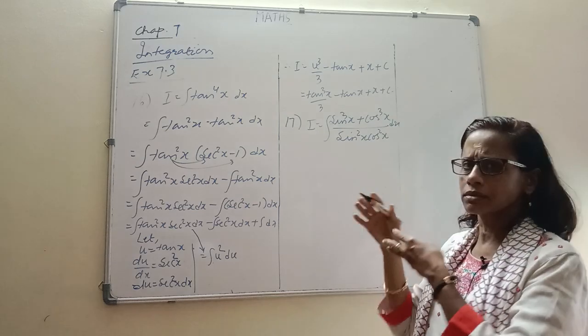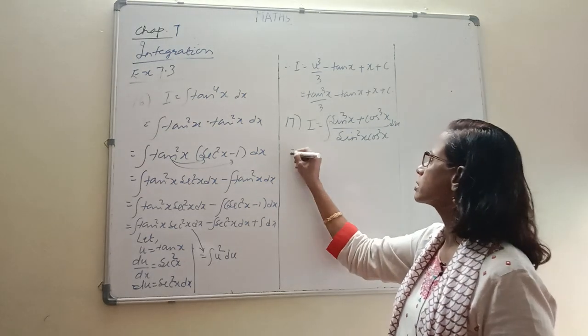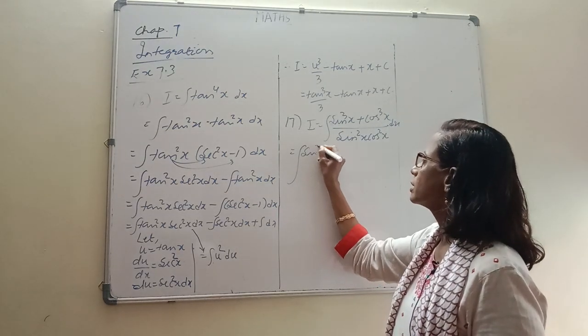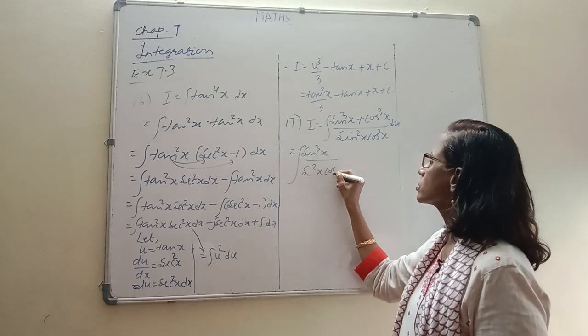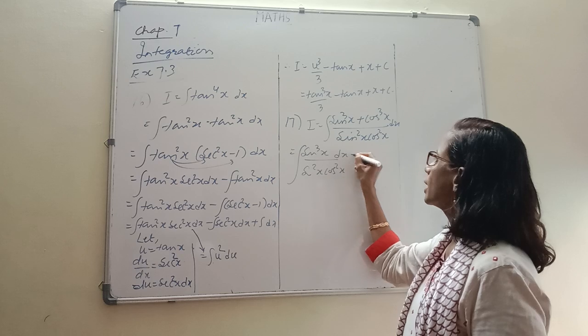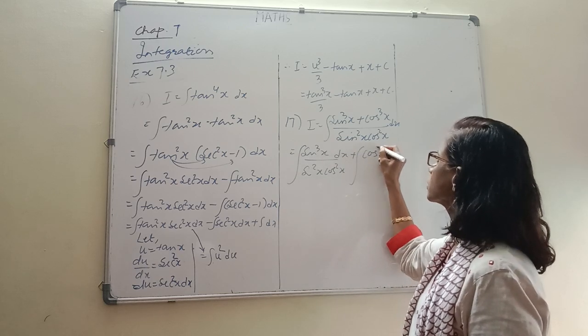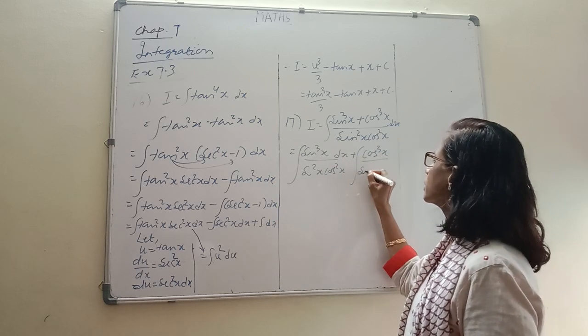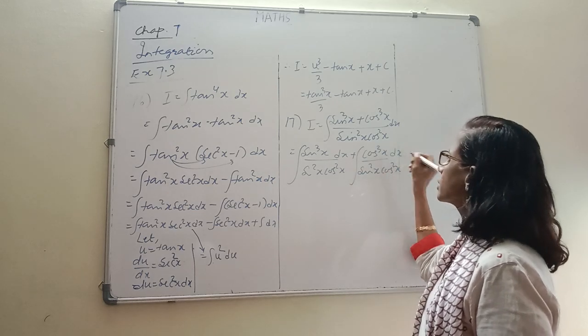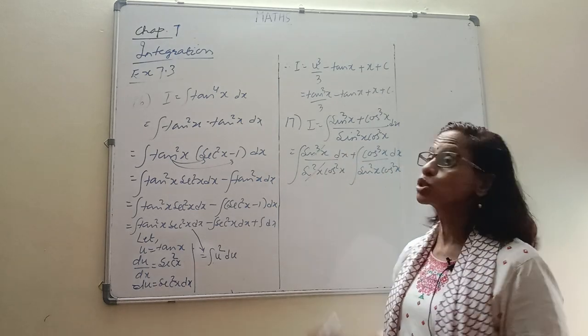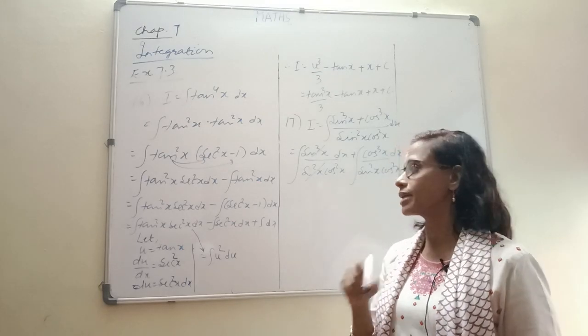To begin with, let's separate and see what happens. So it is sine cube over sine squared cos squared dx, and cos cube over sine squared cos squared dx. So the power 2 can cancel, and one sine will be left.